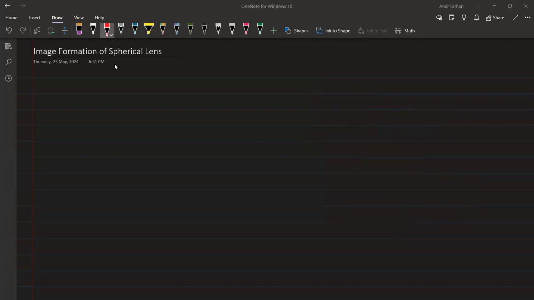Similar to the reflection part, we have refraction in the lenses, and in this part we are going to study and analyze the images formed by the lenses. We have two types of lenses in this chapter.